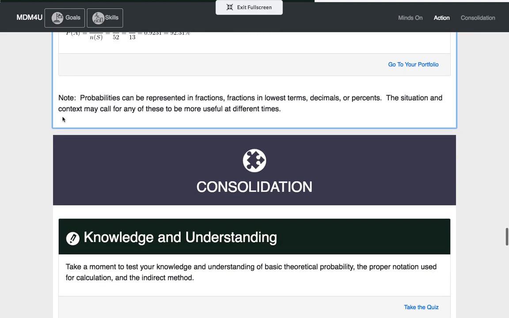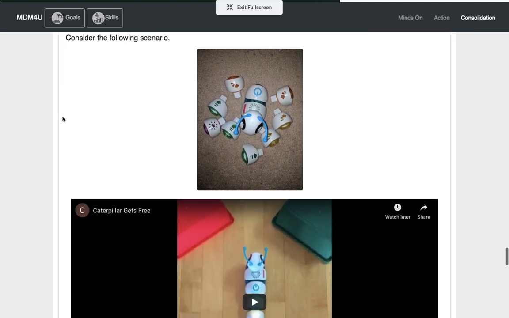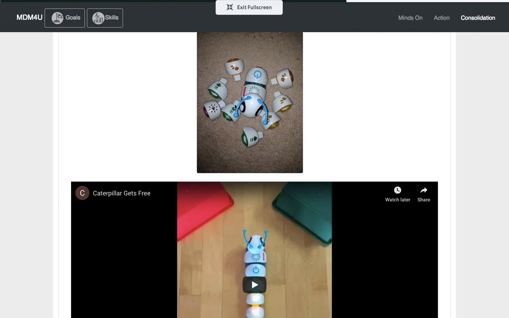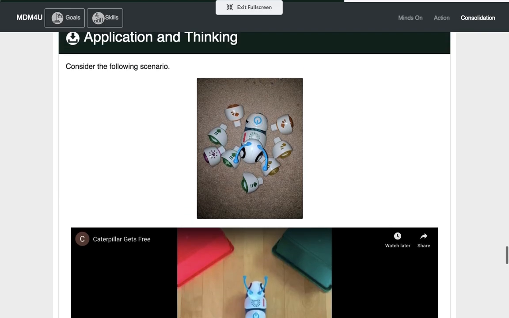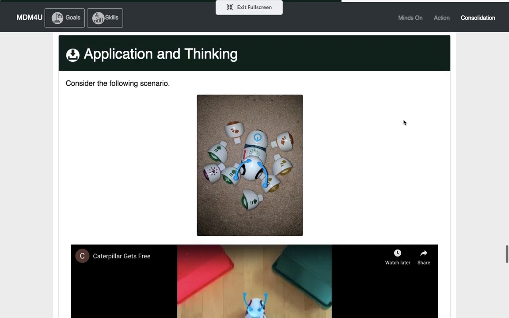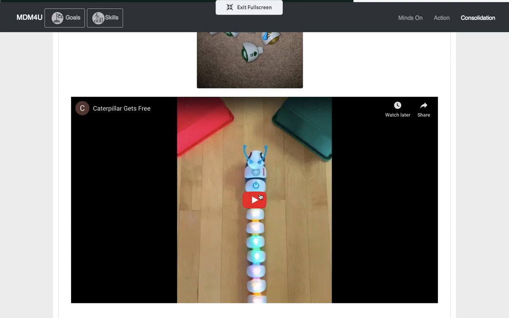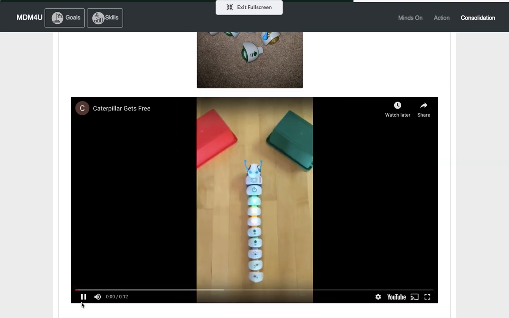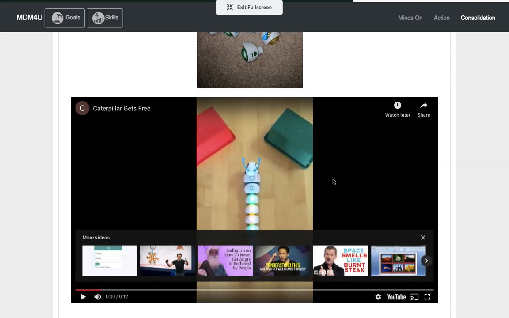So what you need to do in the Dropbox is take a look at this caterpillar and come up with a probability scenario and solve for it. So when you watch this video, it's very specific. Some of you might look at it and say, okay, with the caterpillar, it can either go middle, it can go left, or it can go right. Some people are even specific and say 45 degrees right.